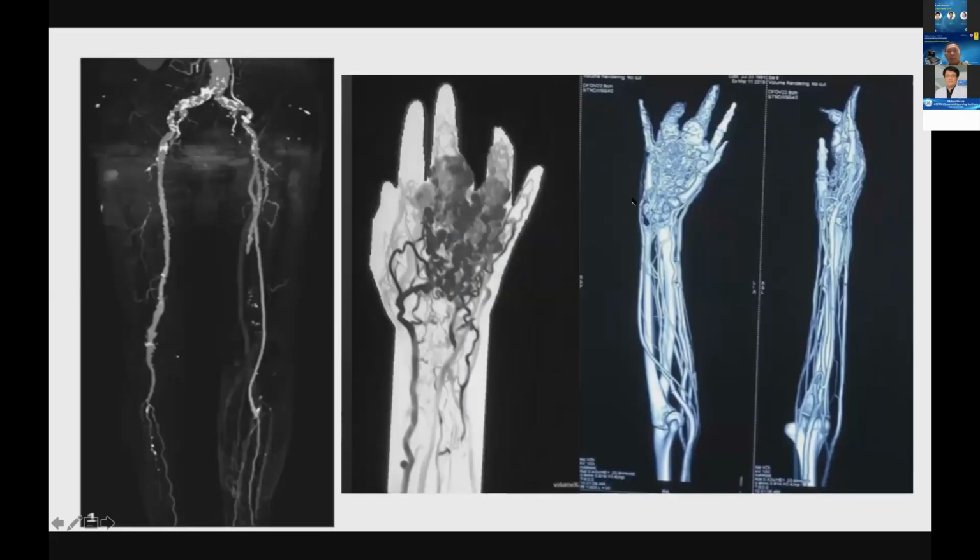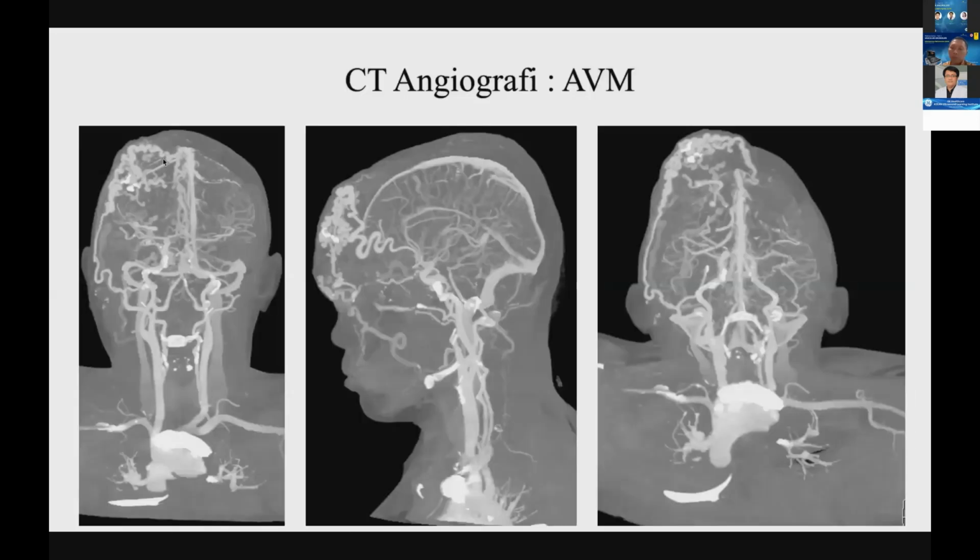CTA, yes, I already mentioned before in part 1 of the vascular anomalies, we can see the bone structure, vasculature, nidus, even the draining vein. All of the body of the lesion can be seen more clearly with the CT scan. This is AVM in the scalp with the feeding artery and the draining vein.